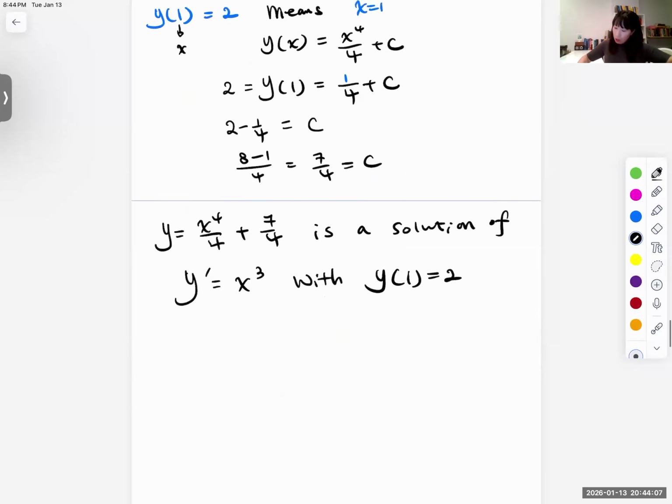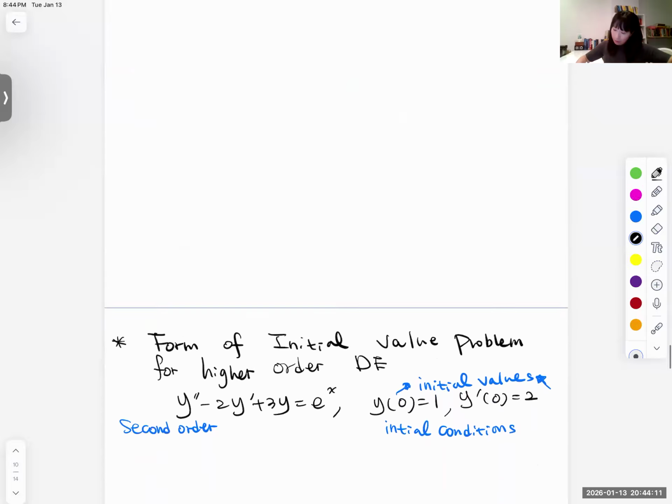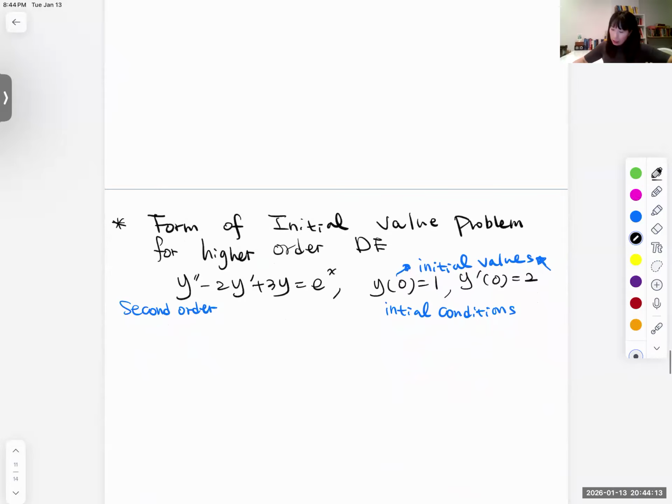Okay. Now, we have the form of an initial value problem for a higher order differential equation, right? So this is a second order differential equation, and this is a given function, which is f of x, right?